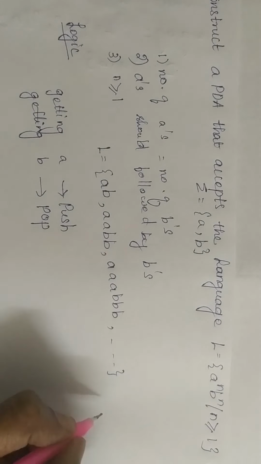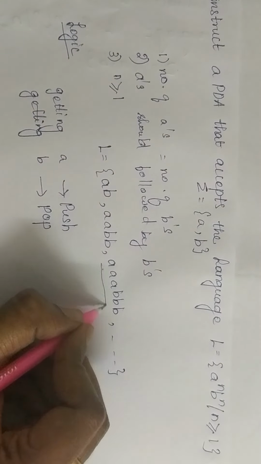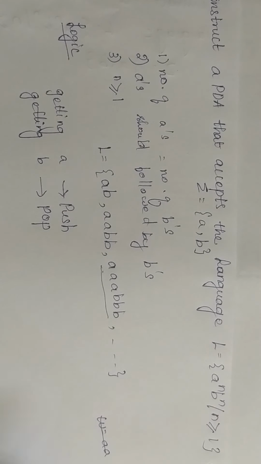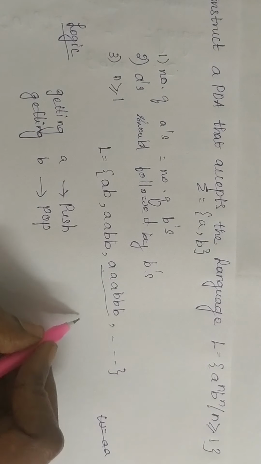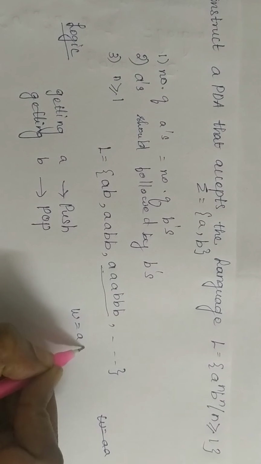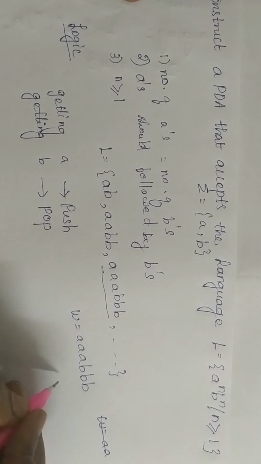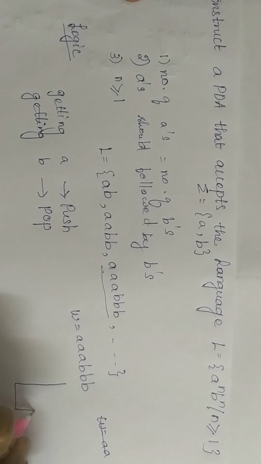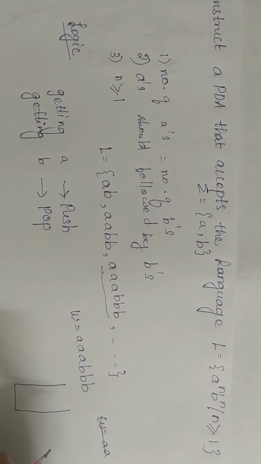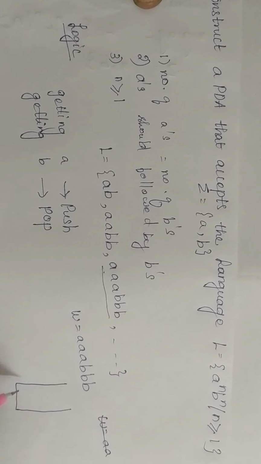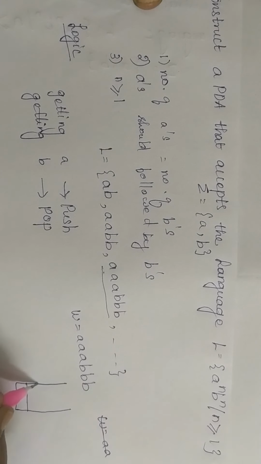Let's take the string W equal to A A A B B B. I'll explain it with the stack, so simply we will draw the stack here. In a push-down automaton, Z0 is always at the top of the stack initially, but I am writing without adding the Z0.